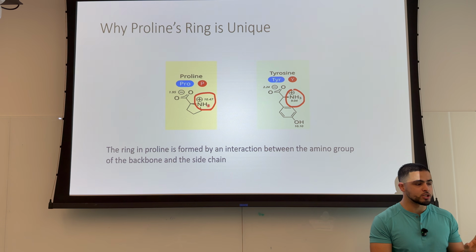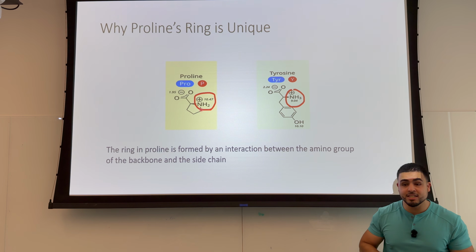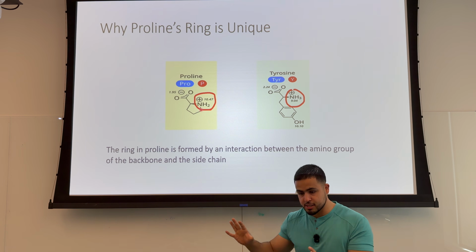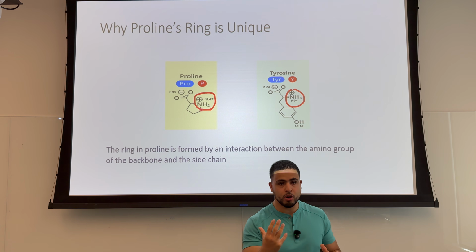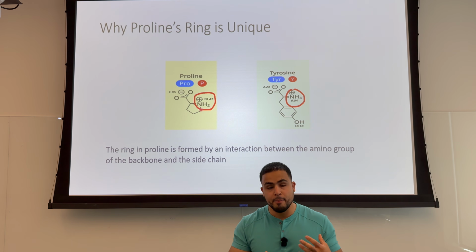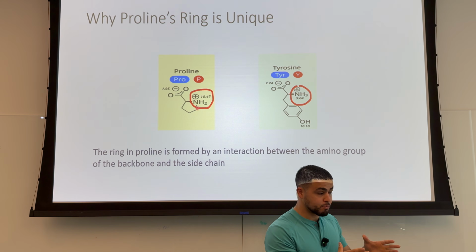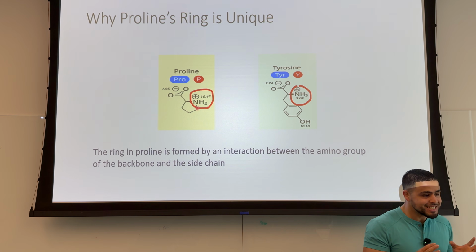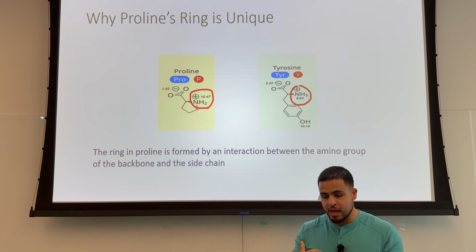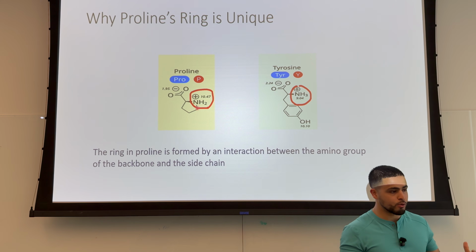So the amino group that's supposed to be in the backbone of proline is embedded within its ring. And because alpha helices, again, we're going to discuss this in a future video, rely on hydrogen bond formation between the amino groups and the carboxyl groups in the backbones of amino acids, because proline has it embedded within that ring, unlike any other amino acid, it's not going to be able to form those hydrogen bond interactions as well, and that's why it'll form those kinks.